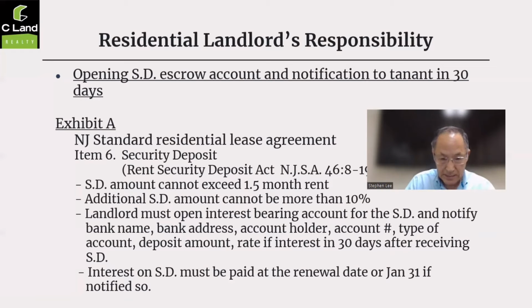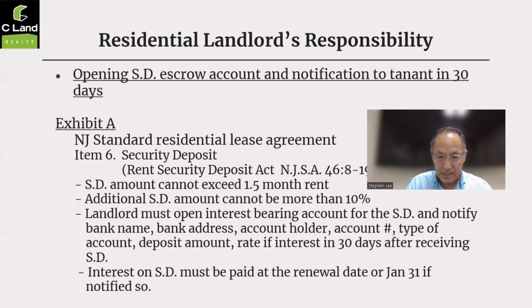If you go to the bank and bring the tenant's W-9 form, which specifies name, address, and social security number, TIN number, then they will open the account with the landlord name and the tenant name. But this account, only the landlord can sign.